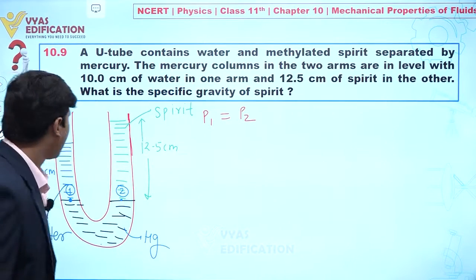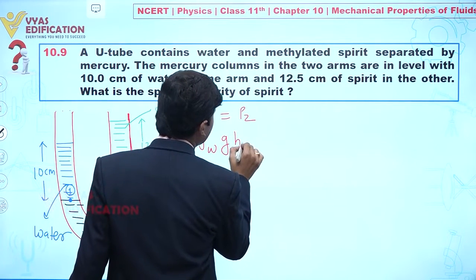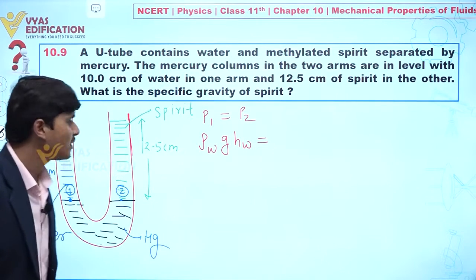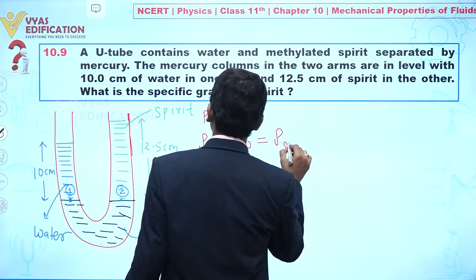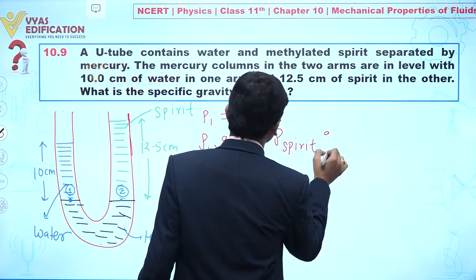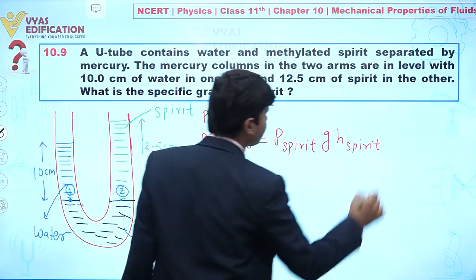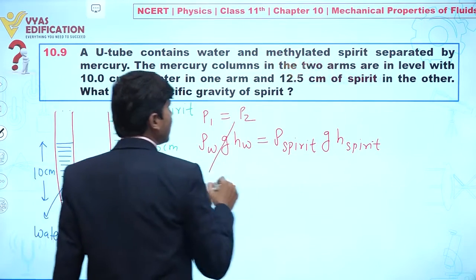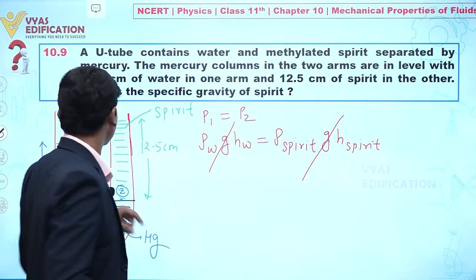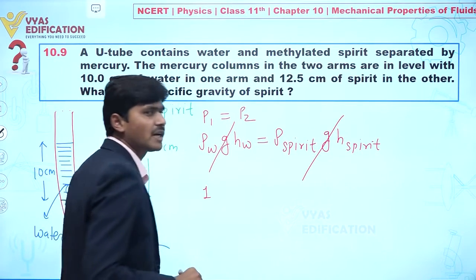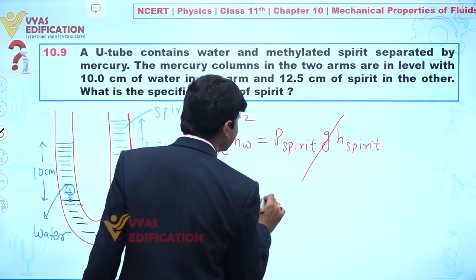Now the pressure at 1 is equal to the density of water times g times the height of the water column. This should be equal to the density of the spirit multiplied with g and the height of the spirit column. Now this g and g cancel out. The density of water is 1 gram per centimeter cube, multiplied with the height of the water column, which is 10 centimeter.